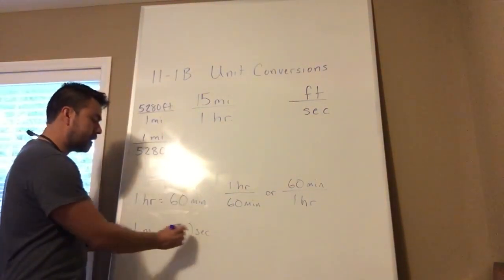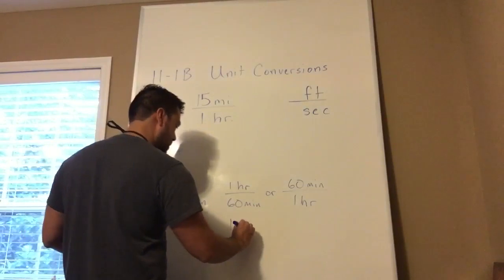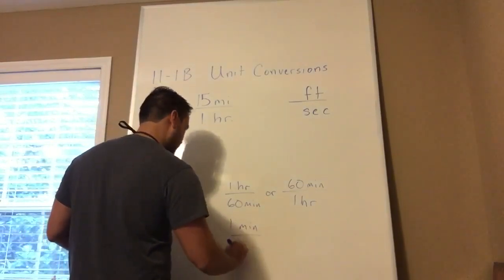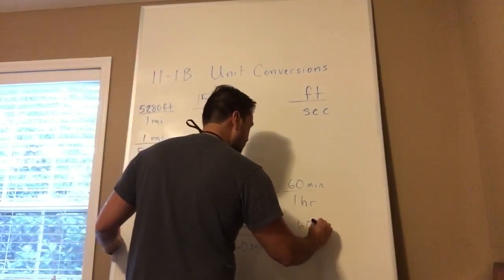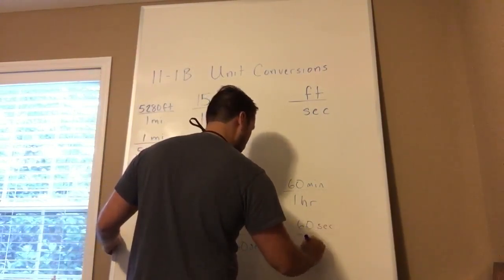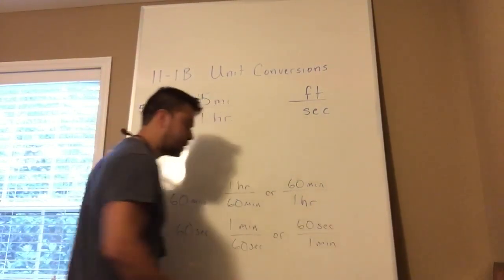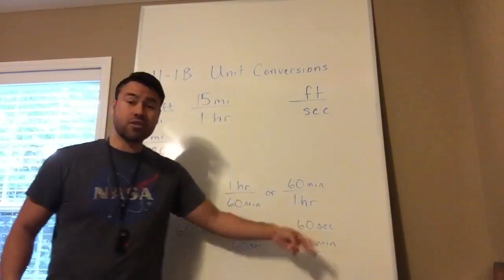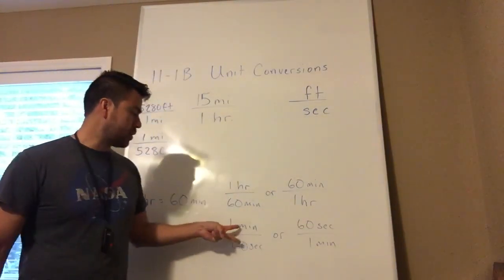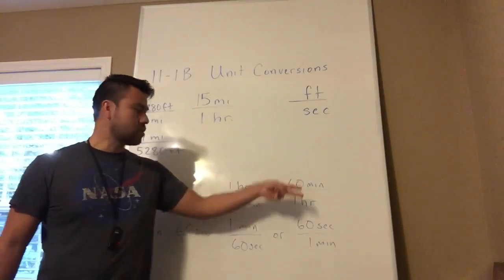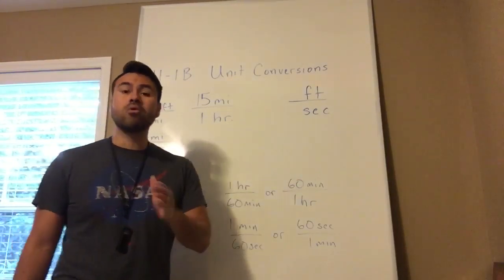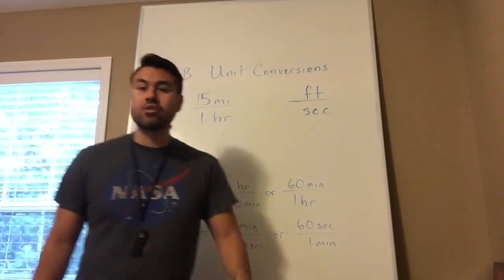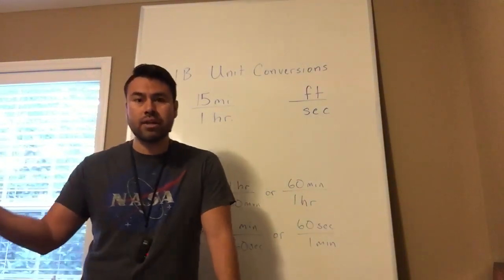For the 1 minute and 60 seconds, I could do 1 minute over 60 seconds, or I could say 60 seconds over 1 minute. Either one is accurate. They're reciprocals of each other, but by the way, these are all equal to 1. And that's good because we're going to be converting by multiplying by 1. So that's using the identity property to convert from one unit to another.